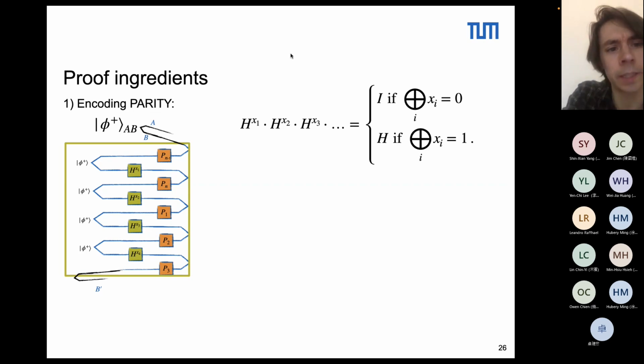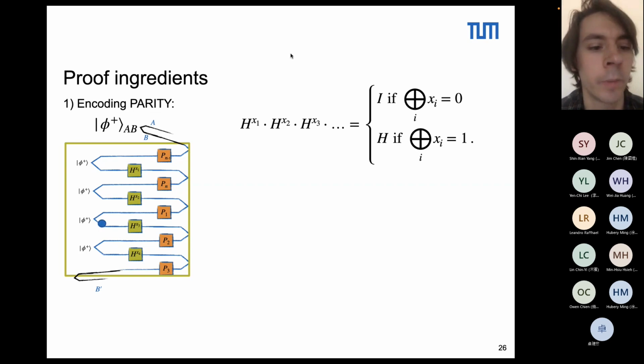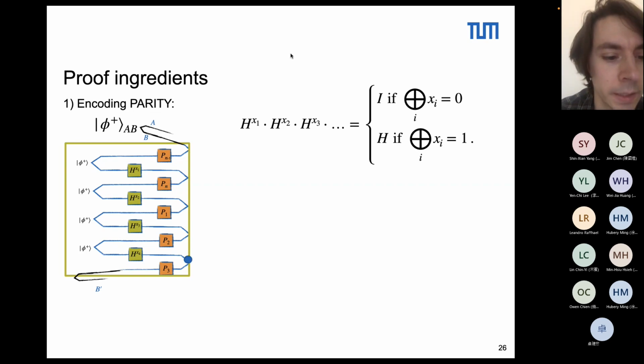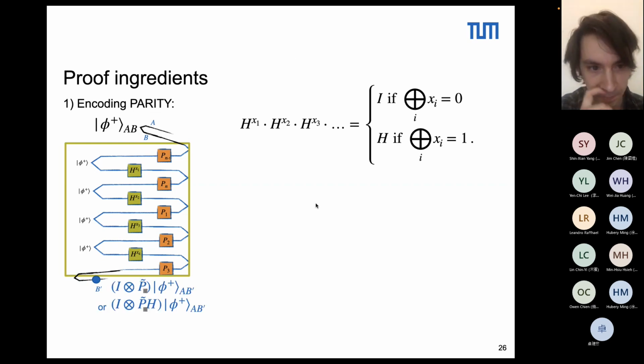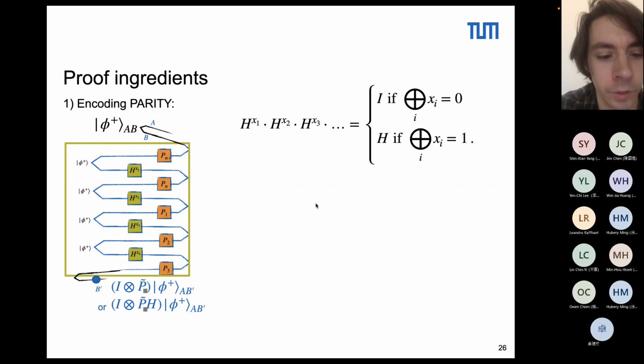And we can see it like this. We start with phi plus on top, with Alice and Bob. Then the Bob part, we run it through all of the circuit, and it picks up some Hadamard gates and some Pauli gates. And at the end, what we obtain is a state that looks like this. Because of this property that the noise commutes, if the number of Hadamard gates was even, we will have a state that looks like the first one.